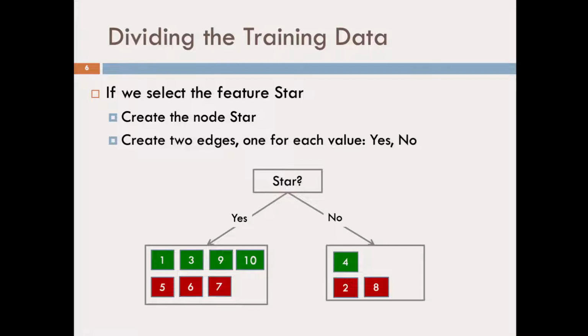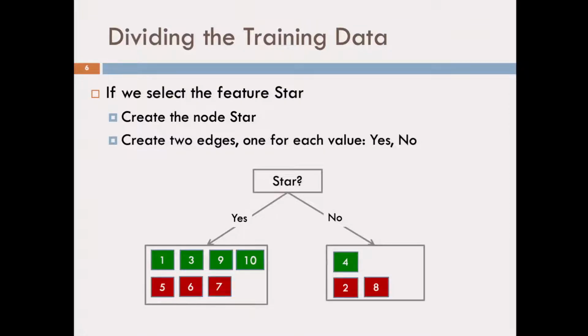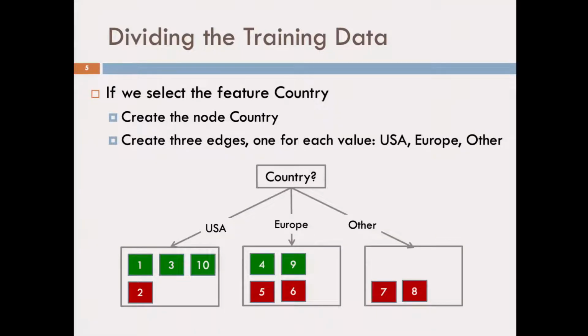Okay, so it seems that this feature is a little bit better to divide the data than this one. Why? Because if we take this division, we can see here that we already have a decision on our data. We can look at our data and say, okay, if the movie was made in another country, it won't make success.